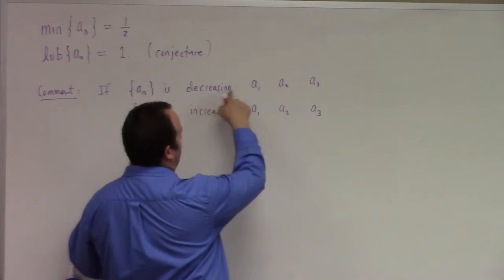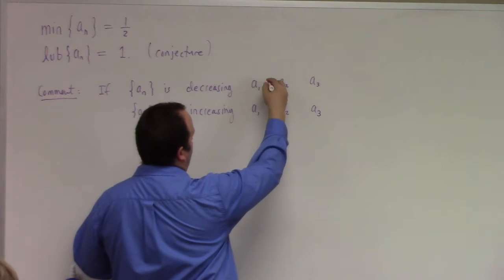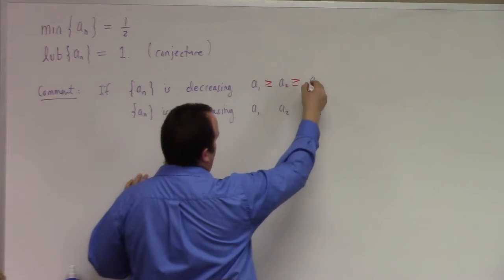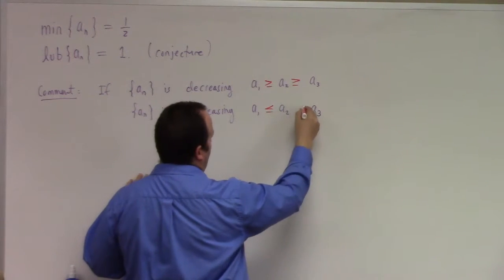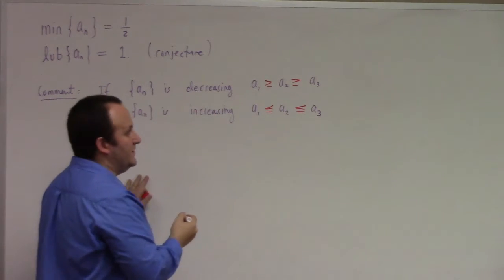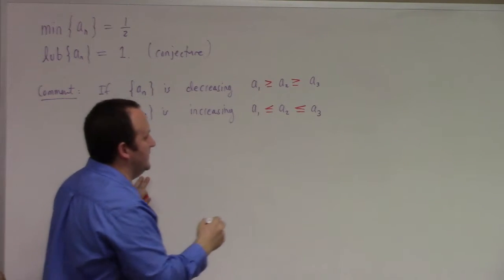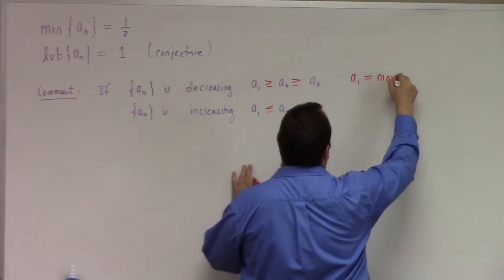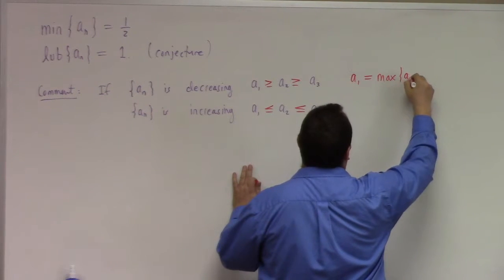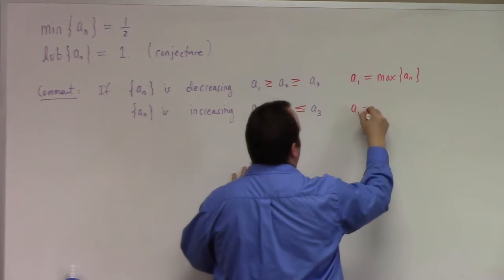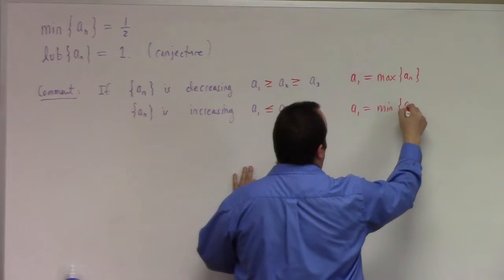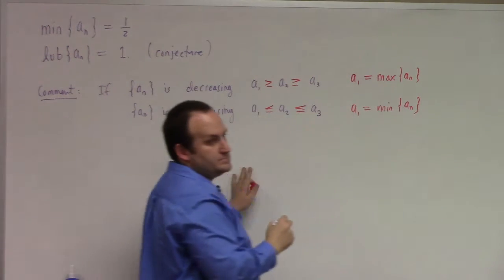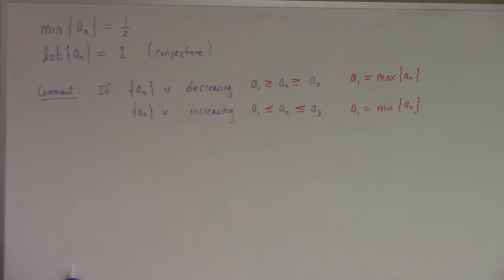Decreasing means what? On the other hand, this one. So if you think about this, this suggests that A1 is going to be the max, right? And over here, A1 is going to be the min of the range. Some kind of common sense, but yeah.